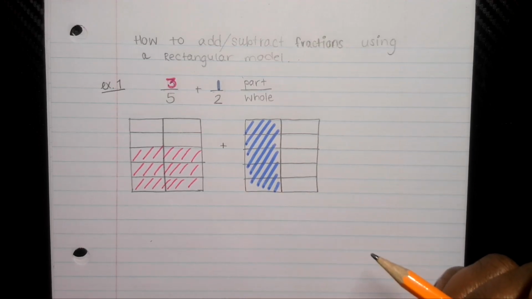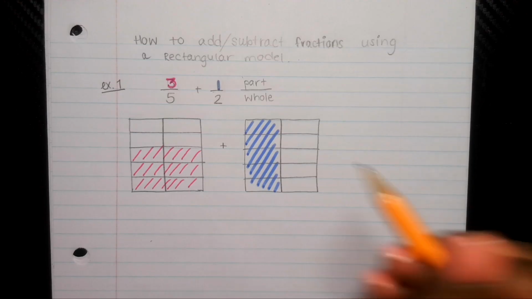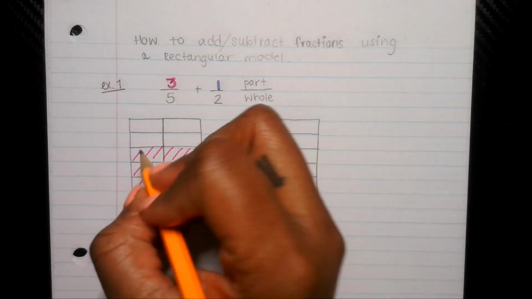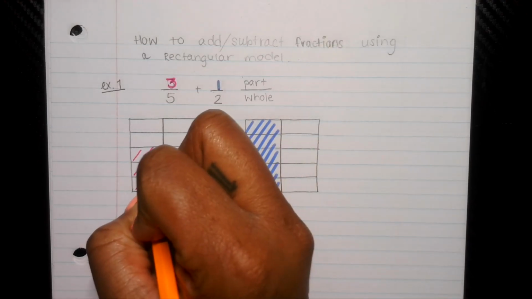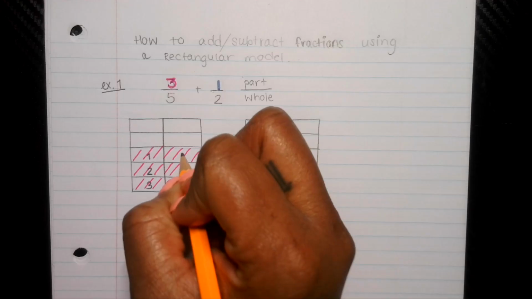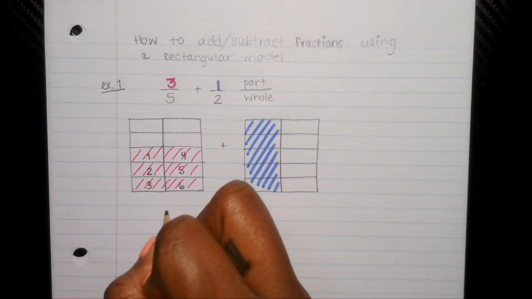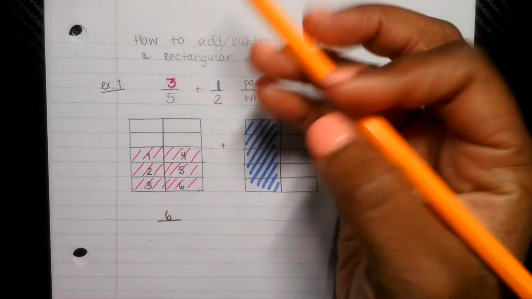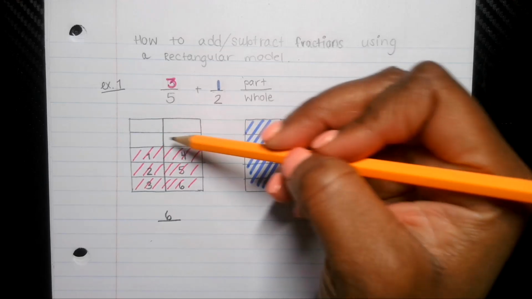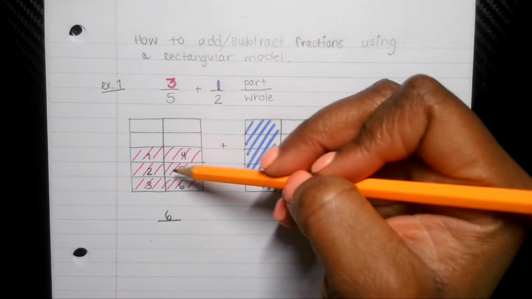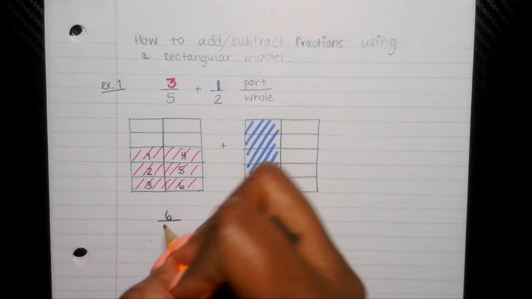Next, we're going to count how many are shaded in each box. Here we have 1, 2, 3, 4, 5, 6. So that's 6 shaded out of a total of 1, 2, 3, 4, 5, 6, 7, 8, 9, 10.